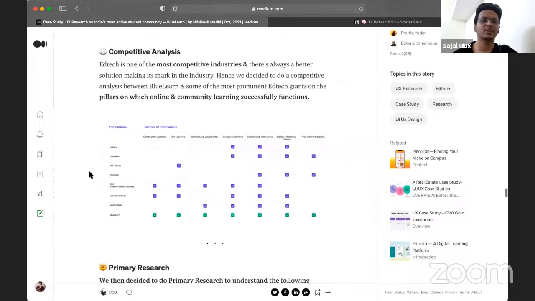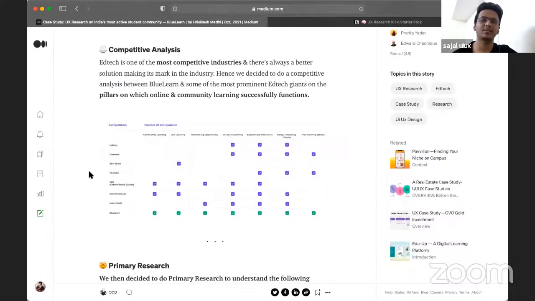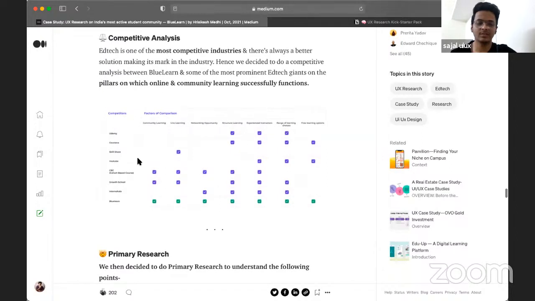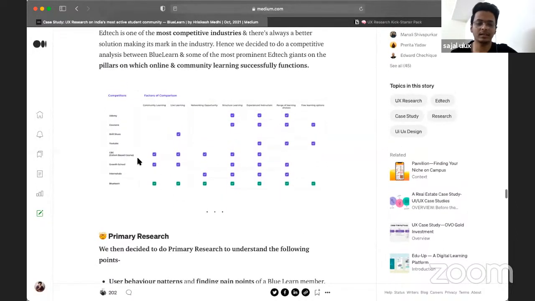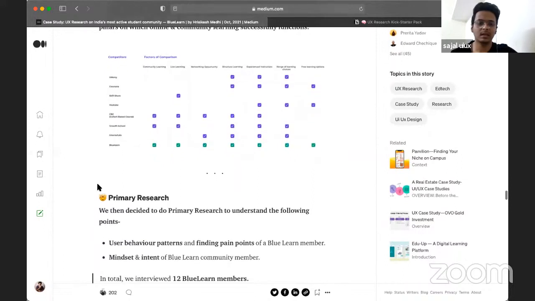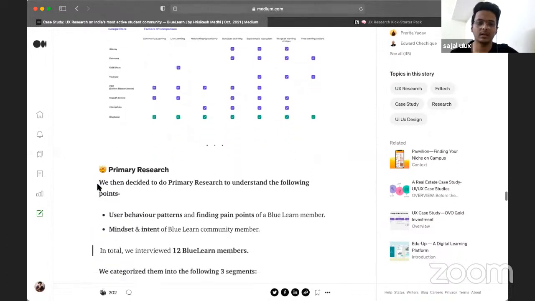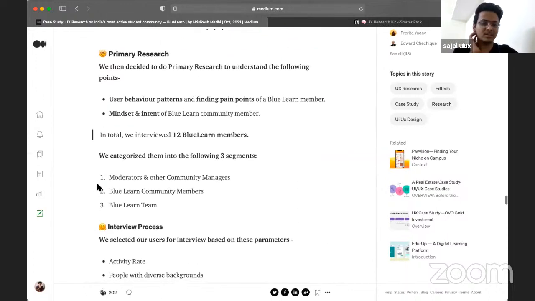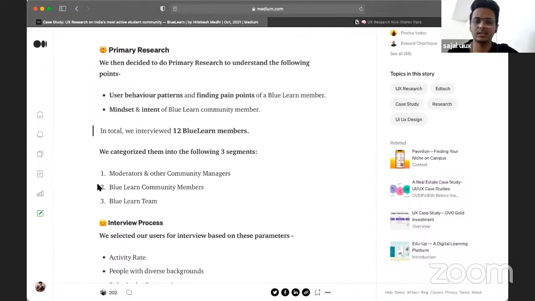So we just wanted to see where BlueLearn stands as a platform, and where they give community learning aspects, and where it stands with the rest of the competitors, not just direct, but also indirect ones. Here we jotted down various factors on which we chose to compare all of these, and you guys can take a look after this session on the case study. So for the primary research, I think I'll hand it off to Rishikesh for explanation.